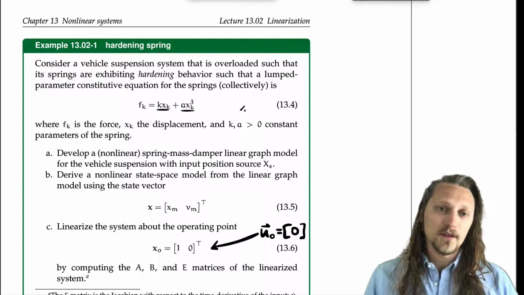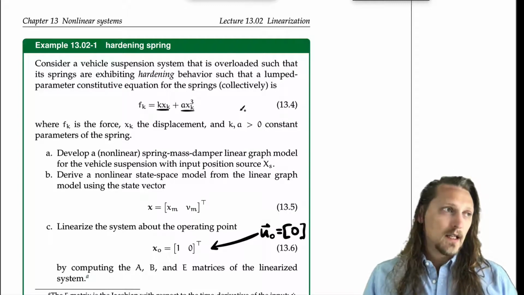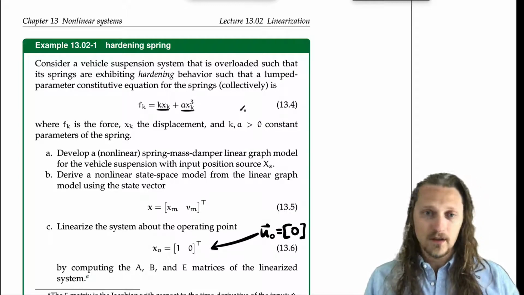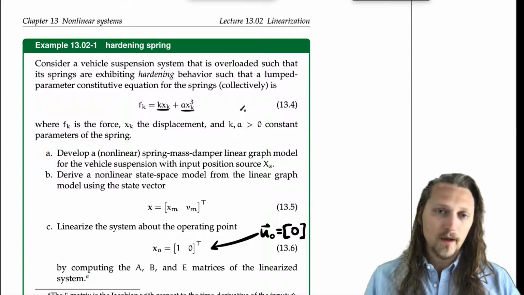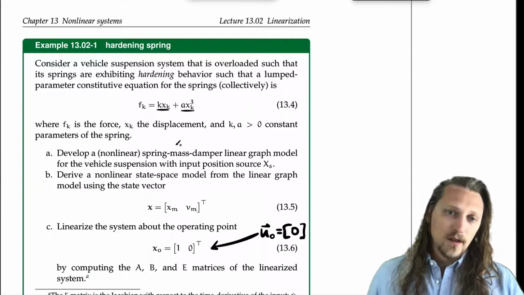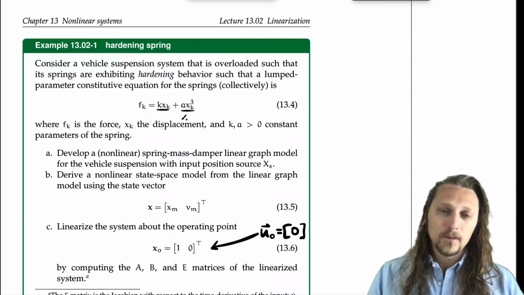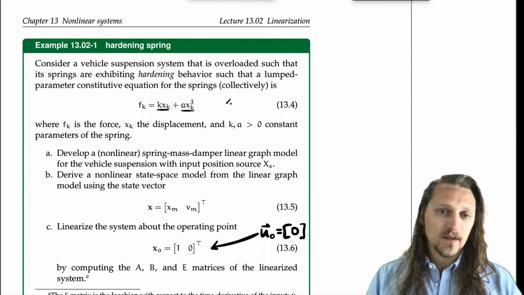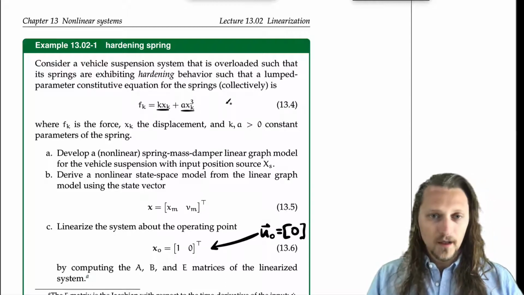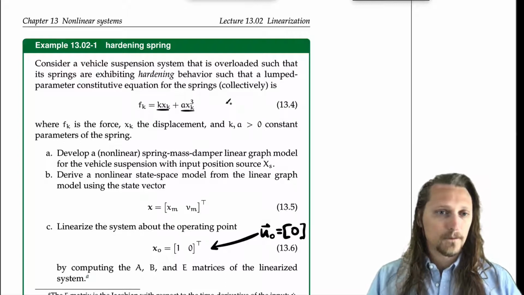And it will not just get stiffer in a linear fashion, it'll do so in a cubic way. So this is an equation for a spring that is exhibiting hardening behavior.